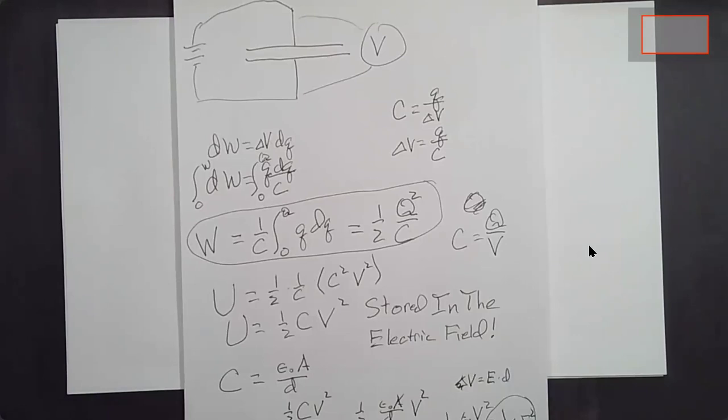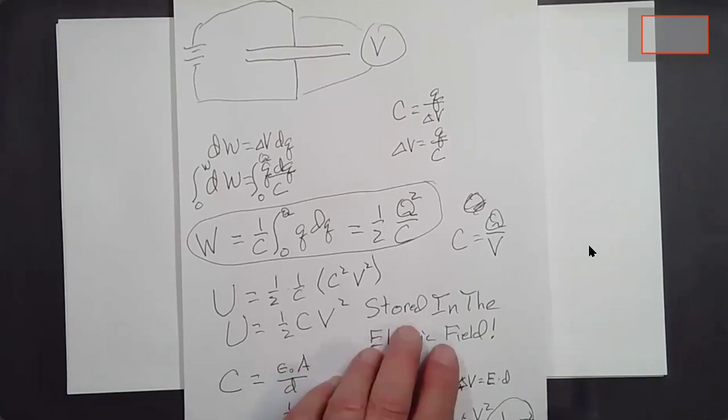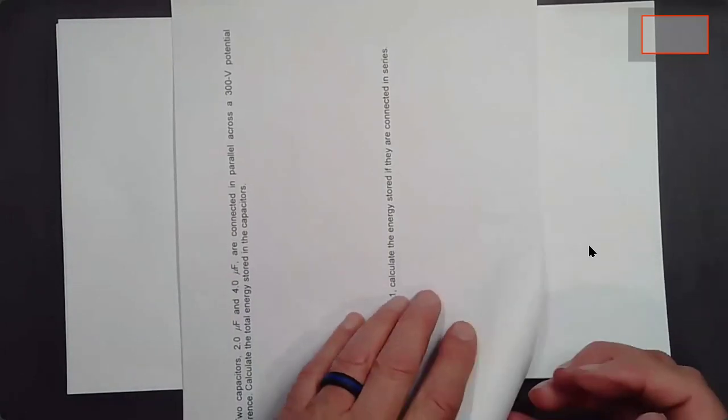We did it just for a parallel plate capacitor, but it turns out it's true for any electric field, no matter where it happens to be. So, okay, maybe we can do some things with that and see where we get.